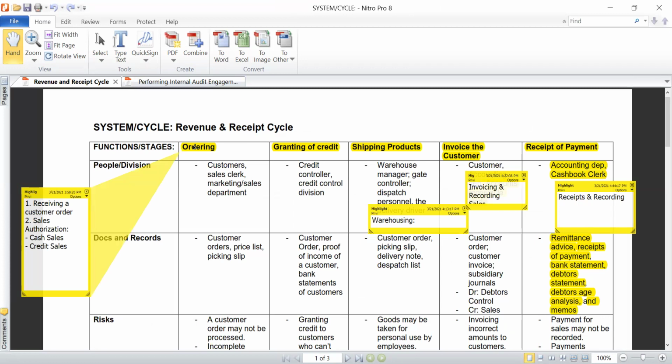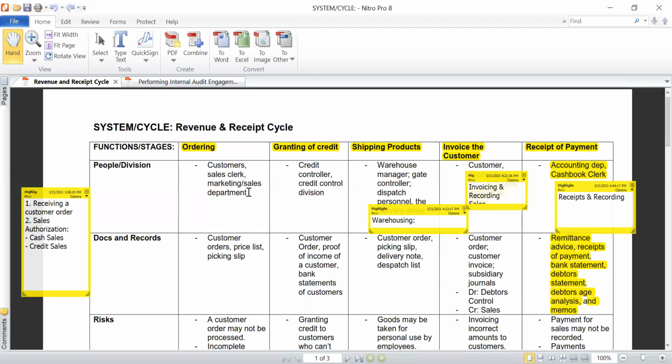What is taking place there is a phase in the cycle whereby the organization would receive a request for a service, or they would receive an order from a customer for certain products that they would want to acquire from the organization. Obviously, when that takes place, we need to be able to recognize their objective.